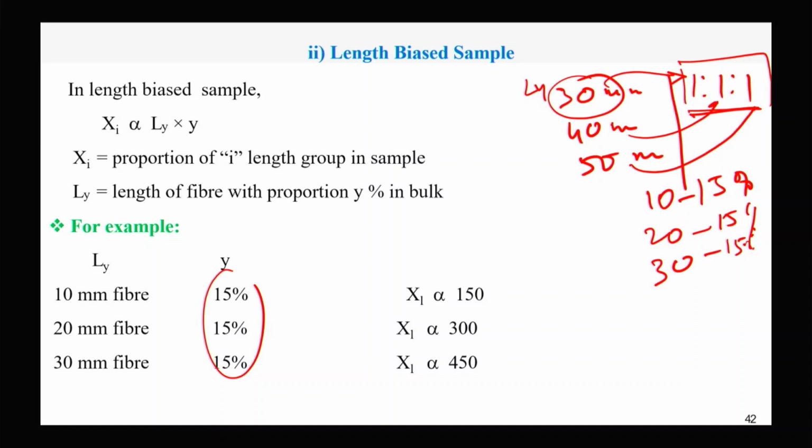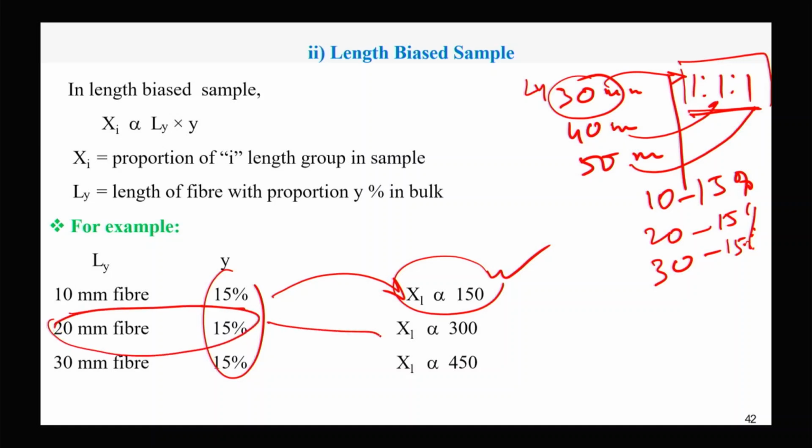And then X1 will become X1. What is X1? These 10 millimeter fibers' proportion in bulk. So here the proportion of 10 millimeter in the bulk will be, you just multiply, 10 into 15, it will become 150. Here 20 millimeter into 15, 300.